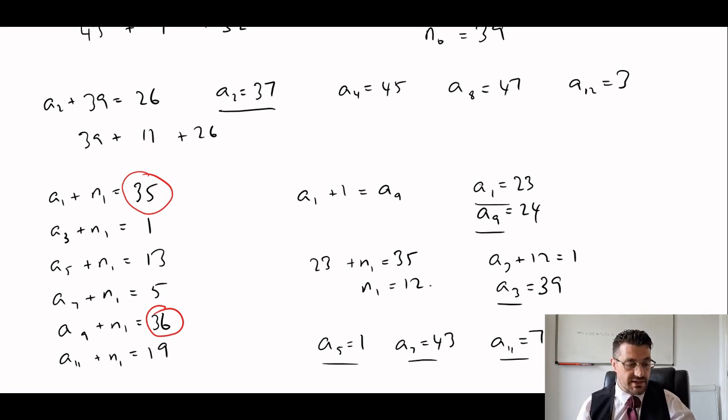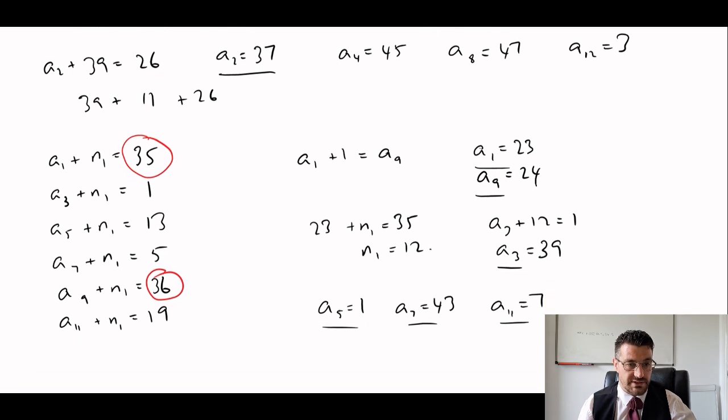So now the original unencoded message, well, just put the values in order. So it's going to be 23. What did I get for A2? 37. Let me write it out.